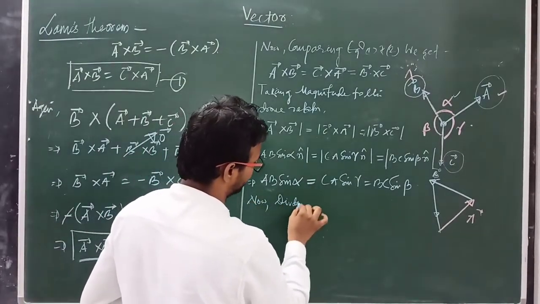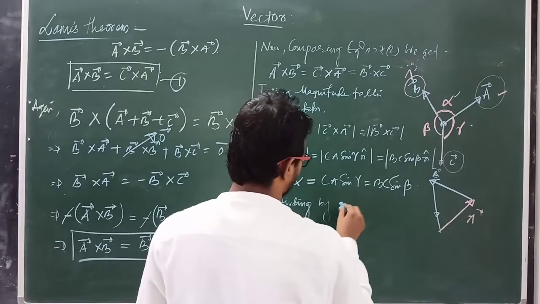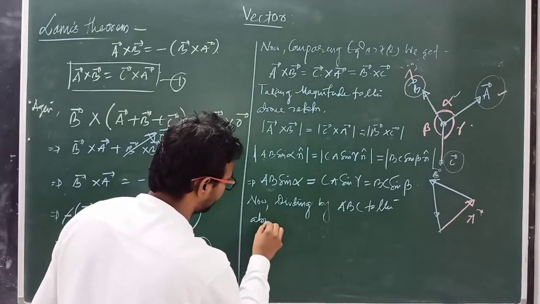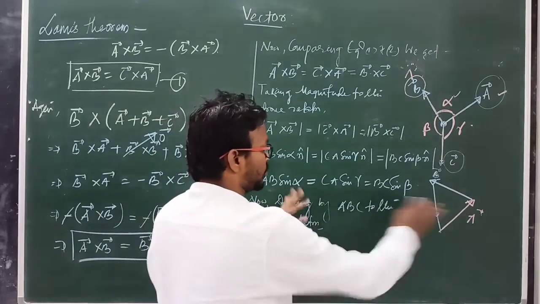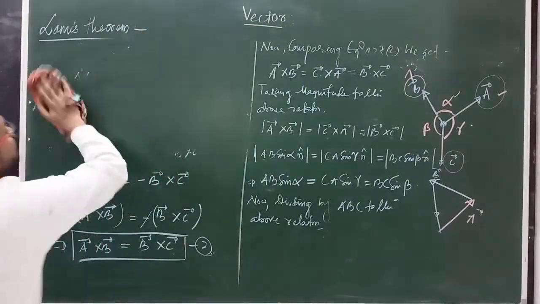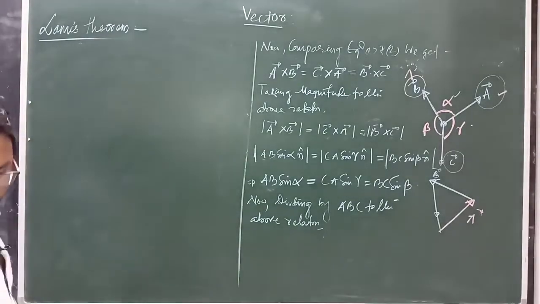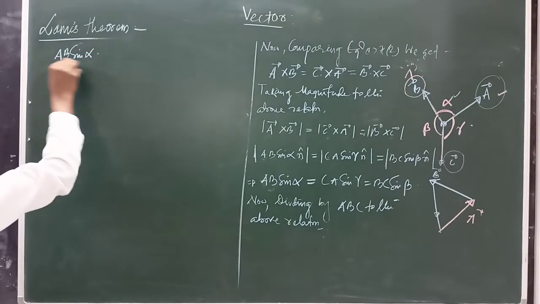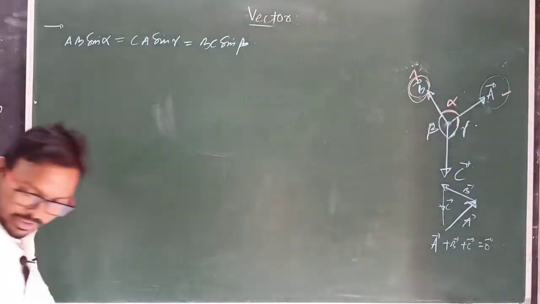Now dividing the above relation by ABC, the magnitude of the unit vector being always 1.